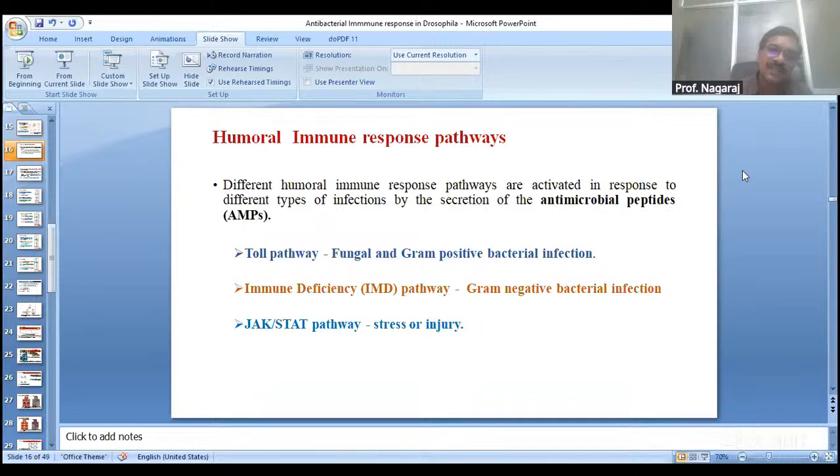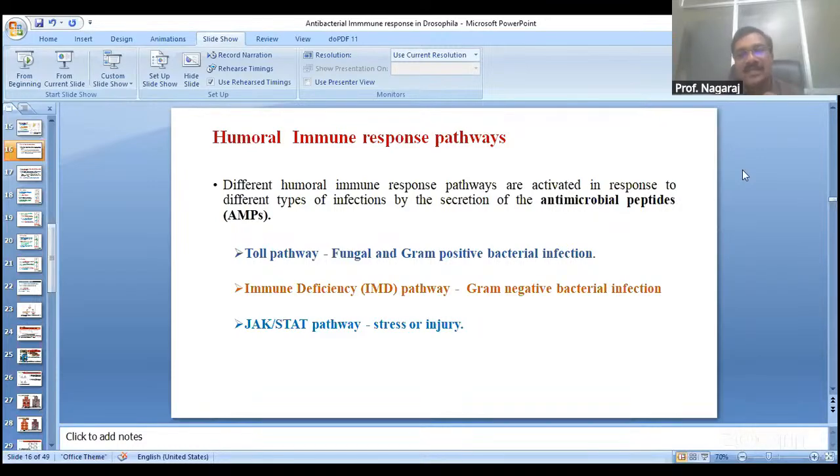The mode of infection is almost the same, but the fly's immune response has its own mechanism. The Toll-like receptor pathway leads to the activation of some of the antimicrobial peptides in the fly, and the IMD pathway is activated by gram-negative bacteria.